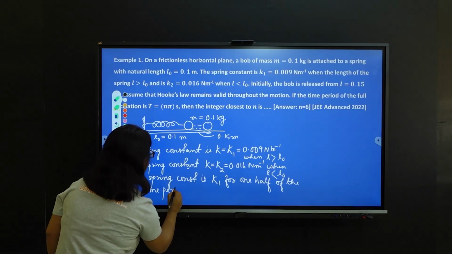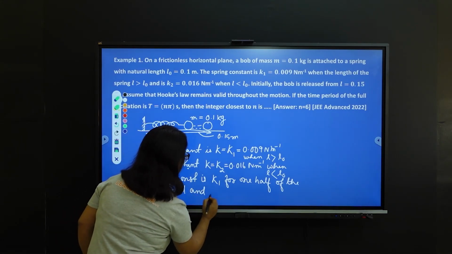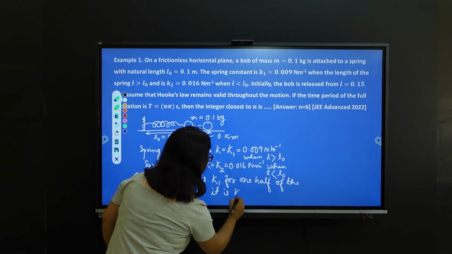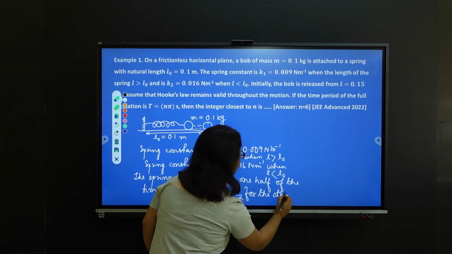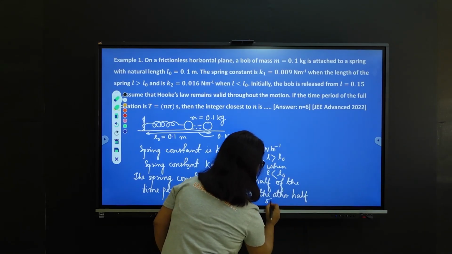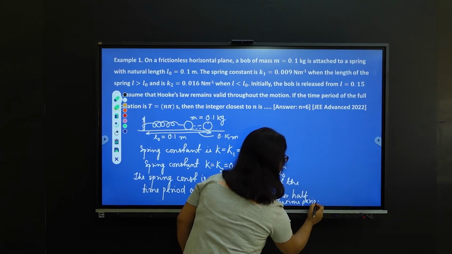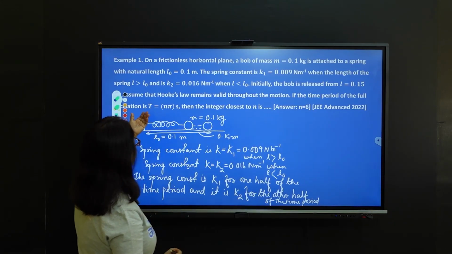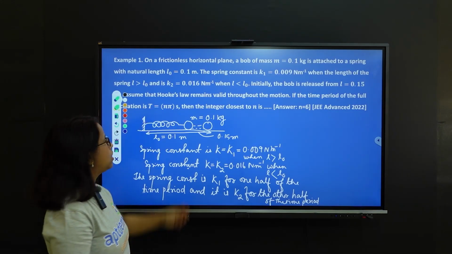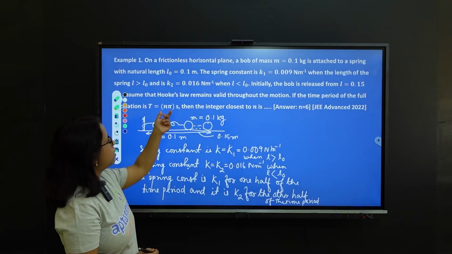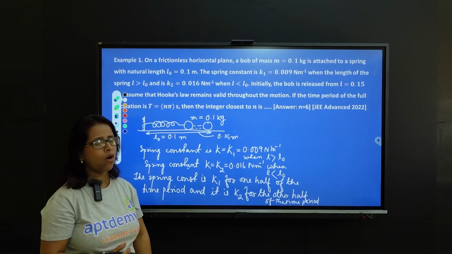We are talking of the time period of oscillation of the spring, and the spring constant is K2 for the other half of the time period. We need to find here the time period of the full oscillation, and that should come out as equal to n times pi in seconds, where n is some integer. And what we need to do is find the value of that integer.